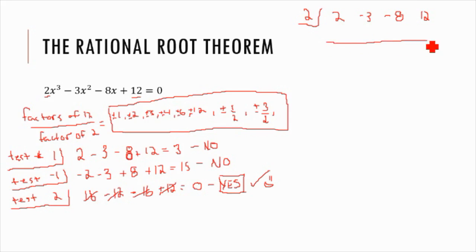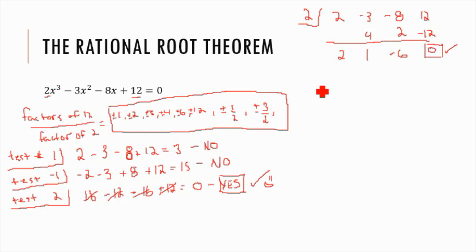If I do my synthetic division, we bring this 2 down. 2 times 2 is 4. Negative 3 plus 4 is 1. 2 times 1 is 2. Negative 8 plus 2 is negative 6. And negative 6 times 2 is negative 12. And it indeed does give us a remainder of 0.